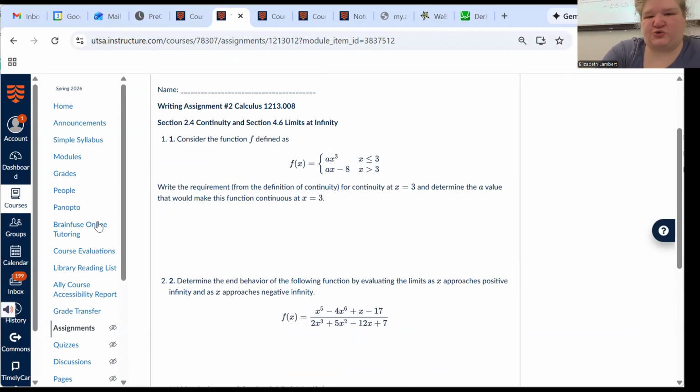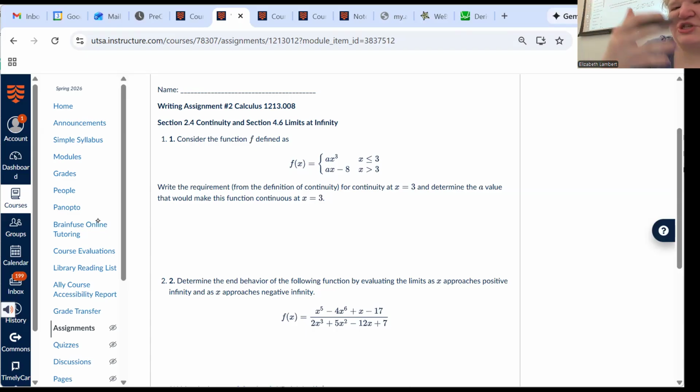You can also just write down the two functions and figure it out. But this first one is giving you a piecewise function. And they're asking you, what's the requirement to show that f of x is continuous at 3? What do we need to be true?